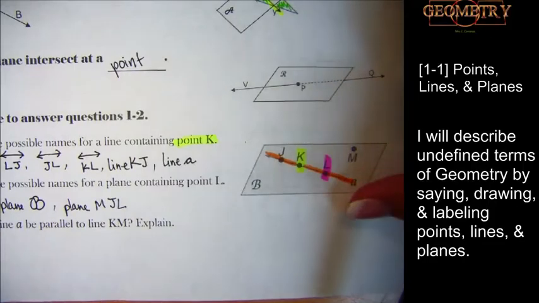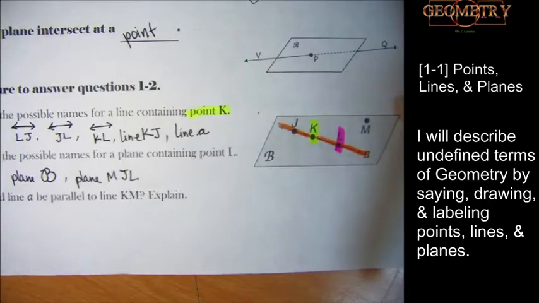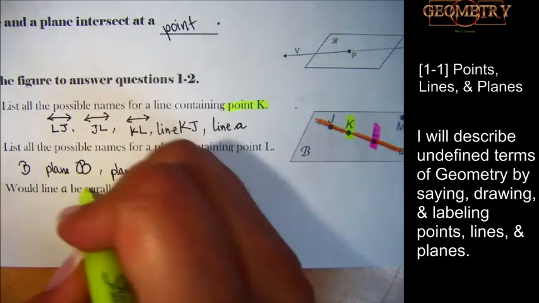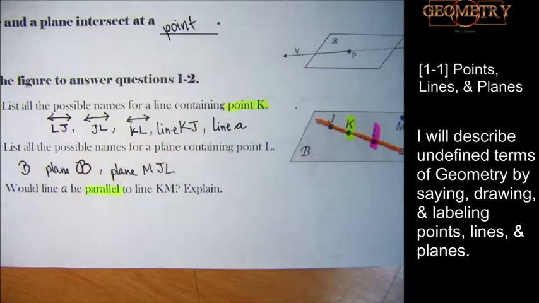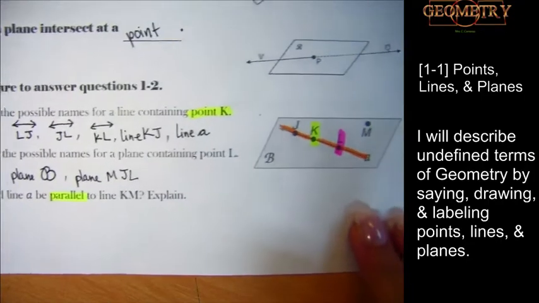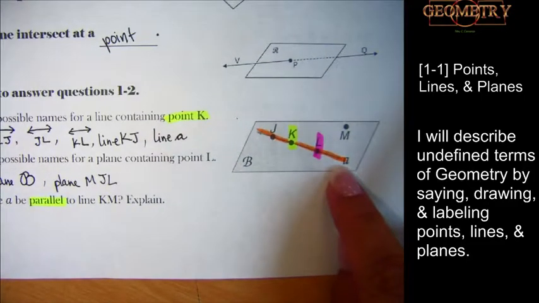Yeah? Yes? All right. What does the word parallel mean? Doesn't touch. Okay? We're going to refine that definition here in just a minute, but for now, doesn't touch. The question is, would line A be parallel to a line connecting K and M? No. Why not?